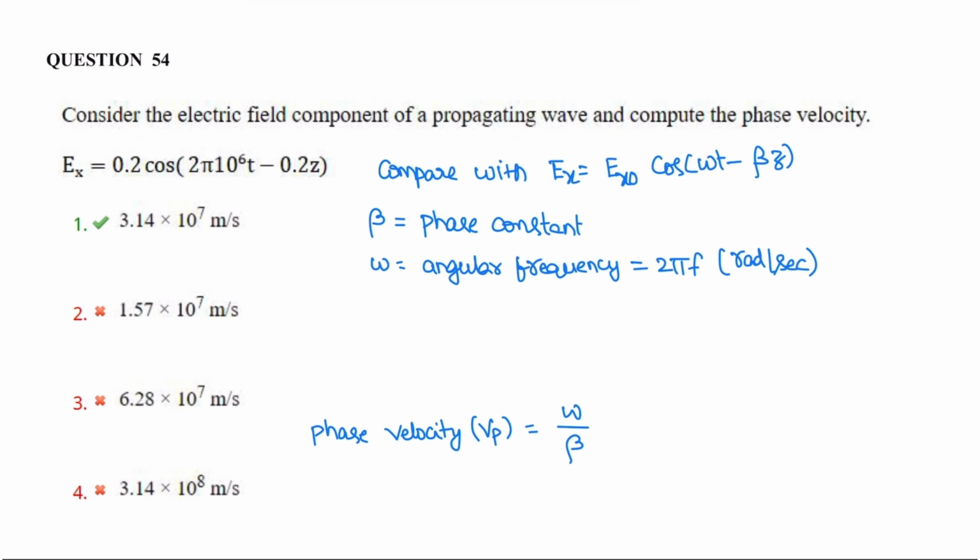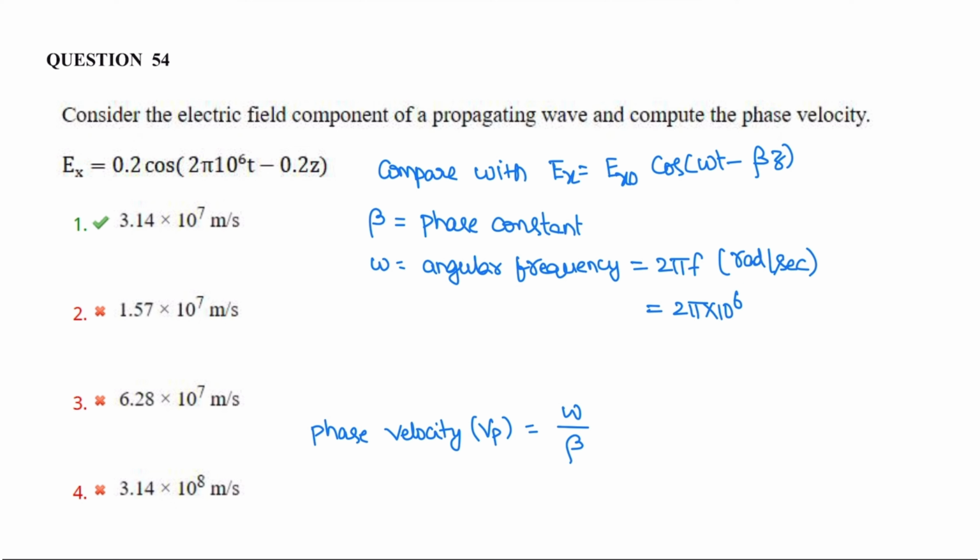Next question. Consider an electric field component Ex is equal to 0.2 cos(2 pi 10 power 6 t minus 0.2 Z). So compare this given electric field component with the standard component Ex is equal to Ex naught cos(omega t minus beta Z), where beta is the phase constant and omega is the angular frequency. From this expression, omega is 2 pi f, that is 2 pi into 10 power 6.